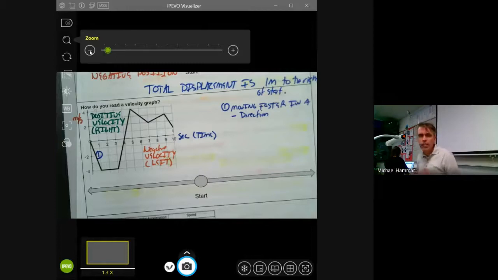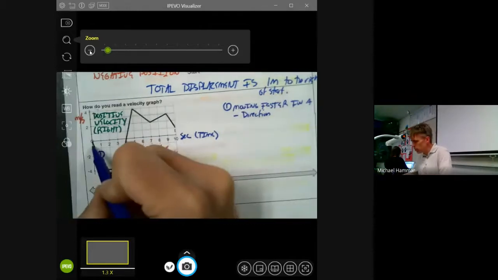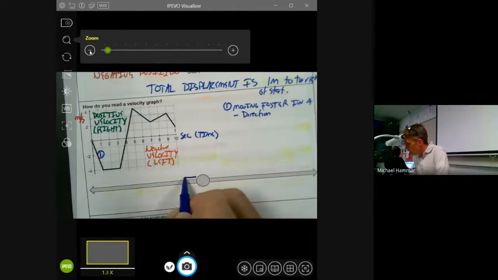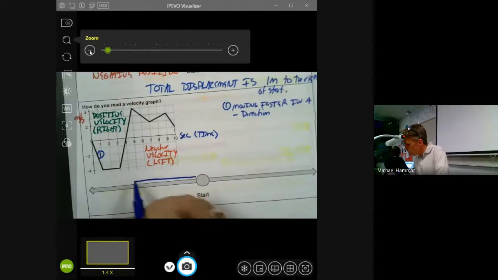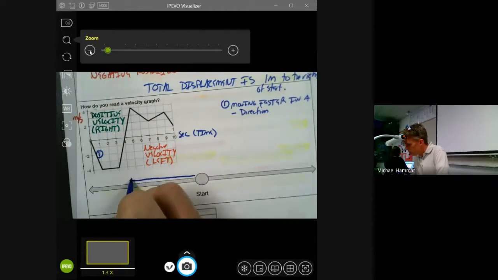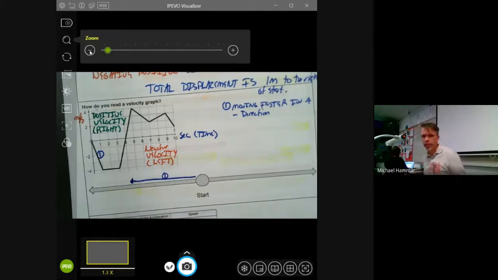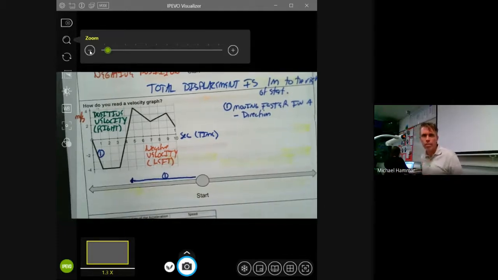Okay, so we're increasing our speed because notice we're going from here to here. So we don't exactly know our position. We just know that we are getting faster and faster and faster as we move this way. Okay, so what's happening is we're just getting faster and we're moving that way.